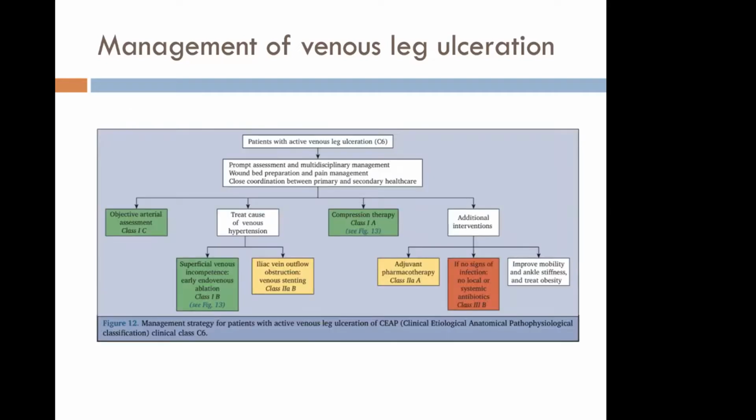I think I'm almost done. Now, if you've got a patient with a venous leg ulceration, they need to be assessed, ideally by a multidisciplinary team, and you want to objectively assess the arterial system. You want to treat the cause of the chronic venous hypertension. If it's in the superficial venous system, then you ablate that. If it's iliac venous outflow obstruction, then you stent that.